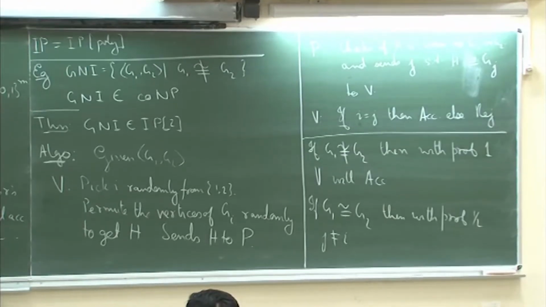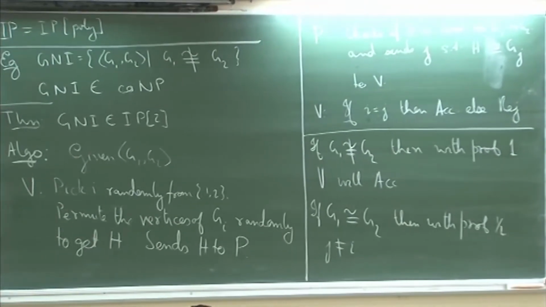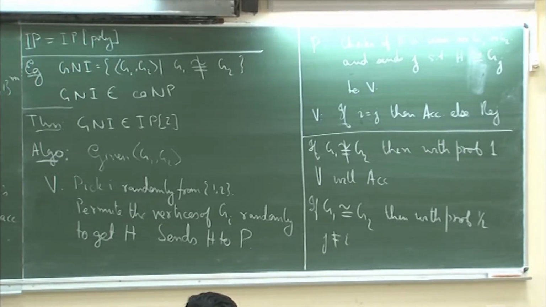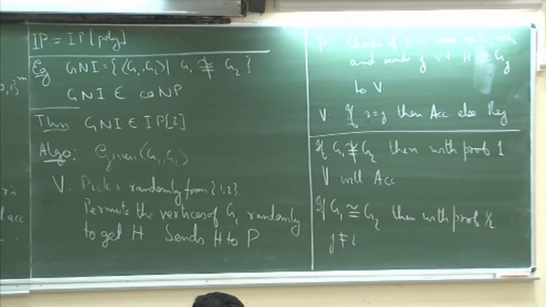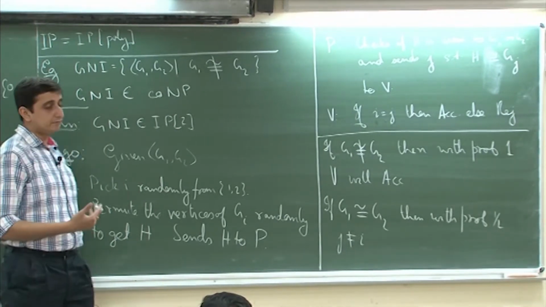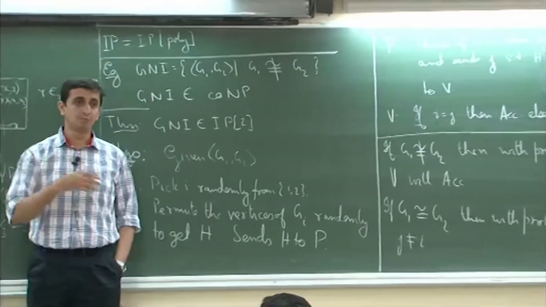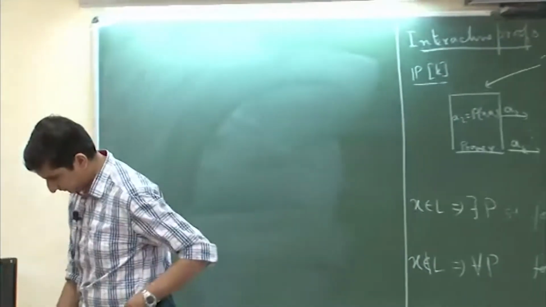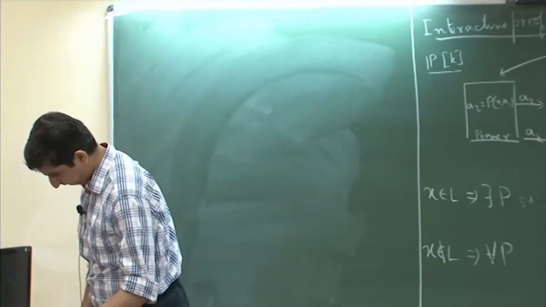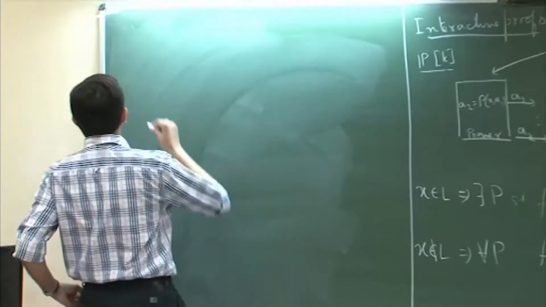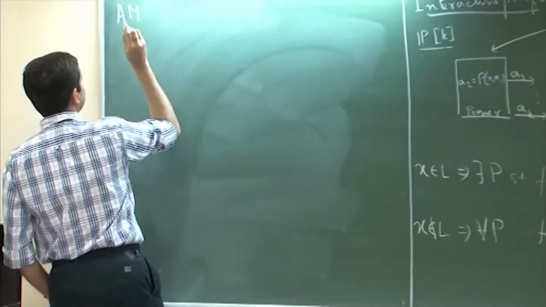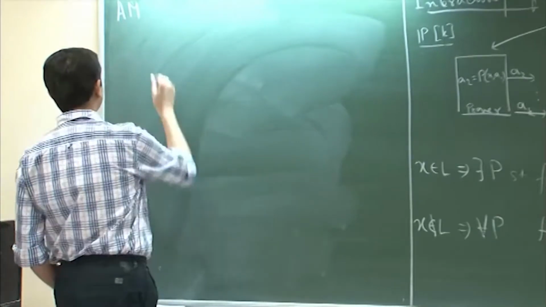Okay. So, now that we saw this thing about private coin tosses, let us ask the question, what happens if the random variables are accessible to the prover as well? Okay. So, we define the class AM. AM stands for Arthur Merlin.